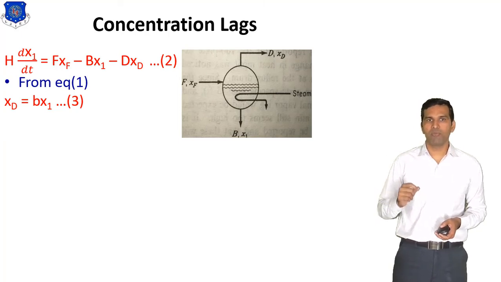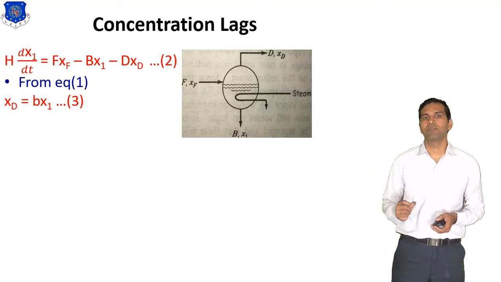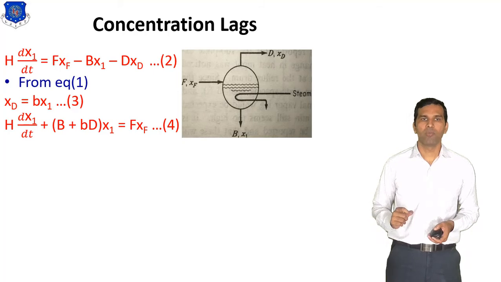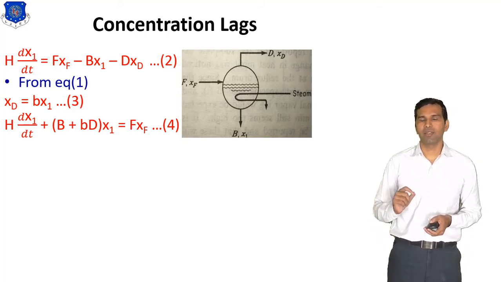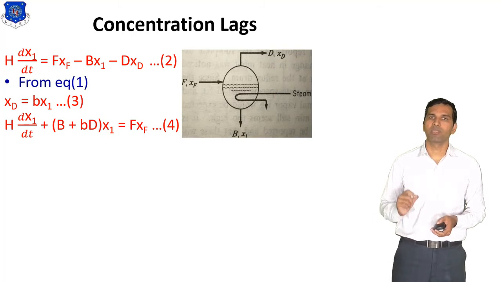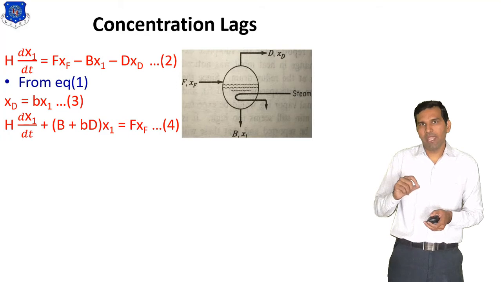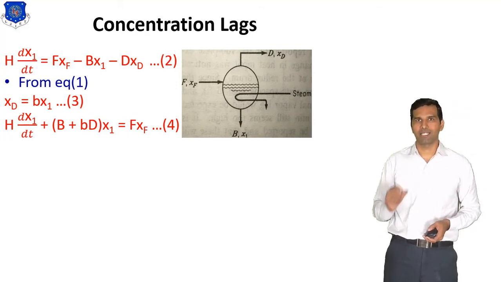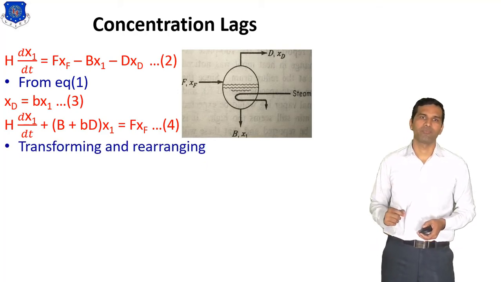From equation number 1 we can write xd equals b x1. So we get the equation H dx1/dt plus (B plus small b D) x1 equals F xf, and we give this equation as equation number 4.